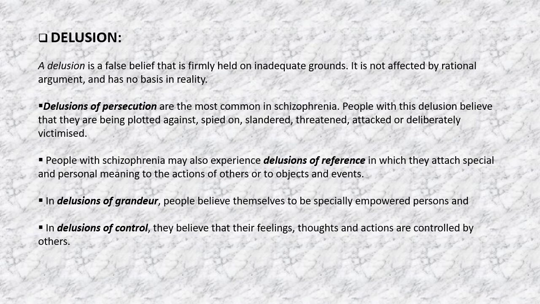So that is how it is being controlled. The thoughts, the feelings, and the actions, they feel that everything is being controlled via television or radio or any kind of remote or mobile devices like this.